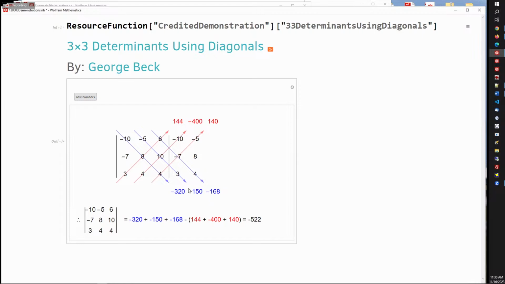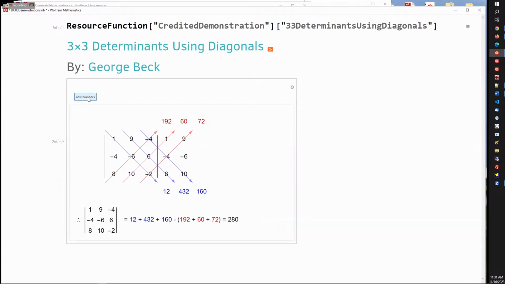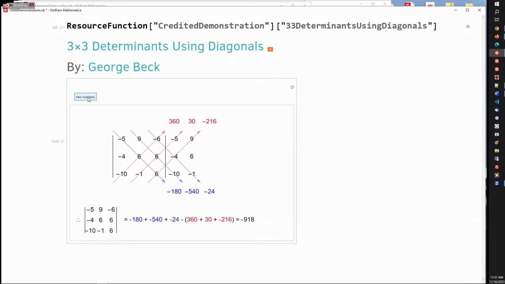And then if you add the lower sum and subtract the higher sum, you get the determinant of the matrix, which is something I haven't done in a while. I've done that enough times, so I just use Det now.